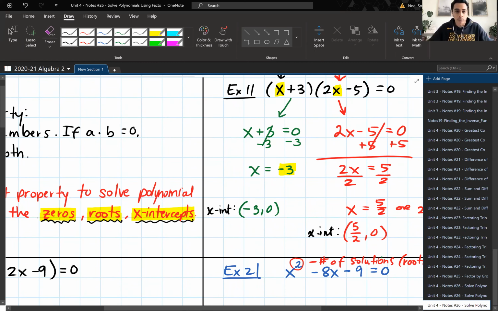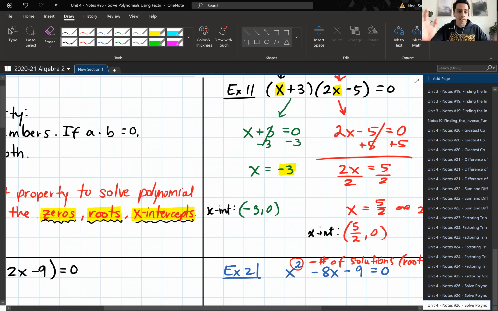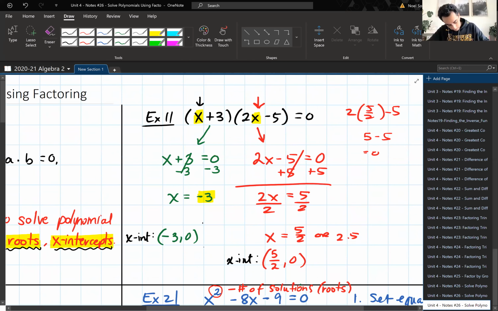Why do they call them zeros? It's because that's when the y value is 0. When you hit the x-axis, that's when the y value is a 0. So that's also why they call them zeros. Okay, so just know you have to switch between those 3 words, but they all mean the same thing. It just means find x-intercepts. Okay, so the answer would be both of these.